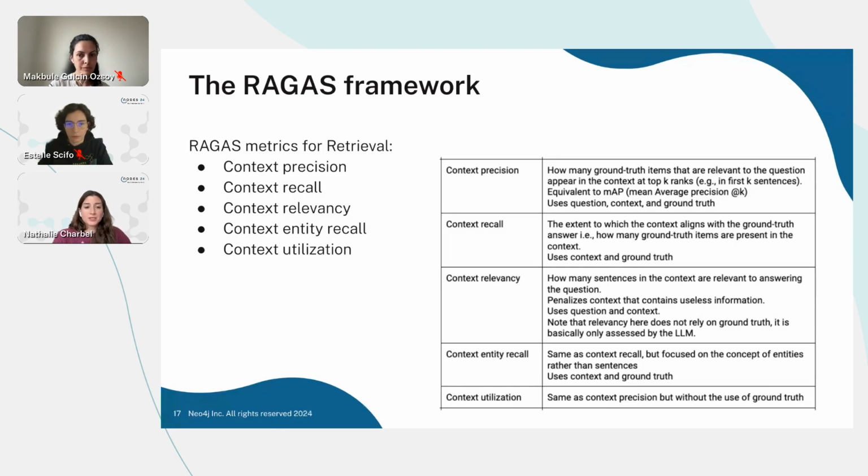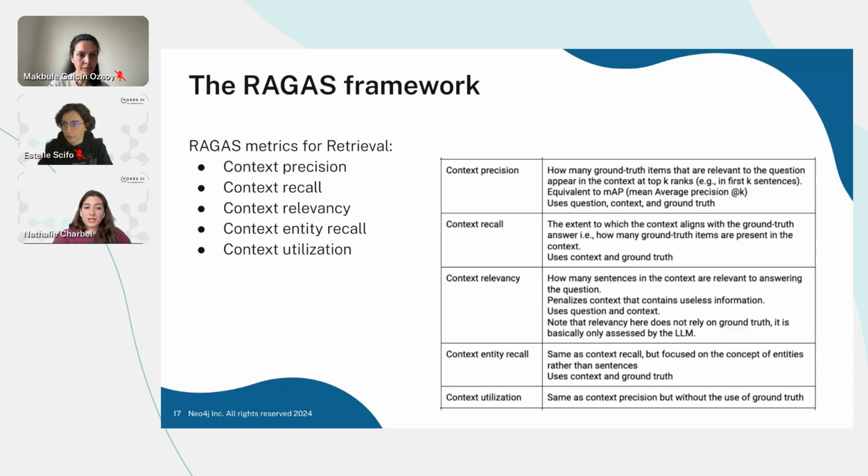This is an example of the Ragas metrics that we relied on in this work to compare VectorRAG and GraphRAG. Here is a list of the Ragas metrics that are relevant for retrieval.